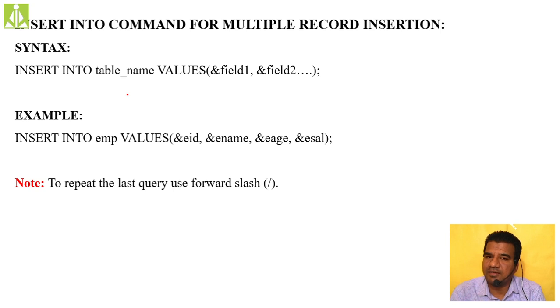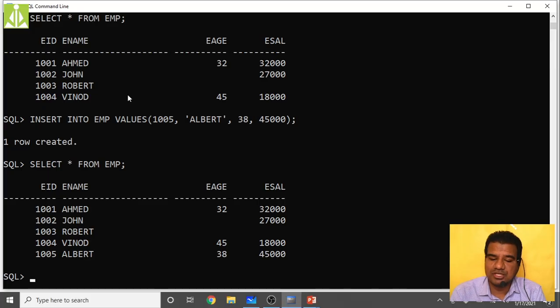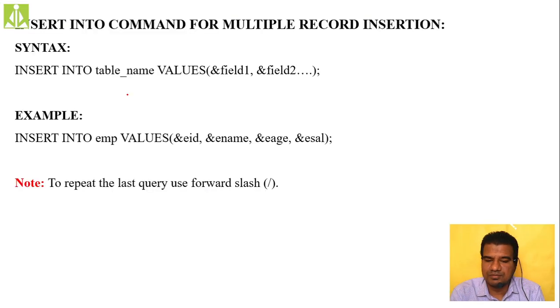Here we are not giving actual values, but we are giving the field names prefixed by the ampersand symbol. Inside parentheses we give the field names preceded by the ampersand symbol, that you can remember.